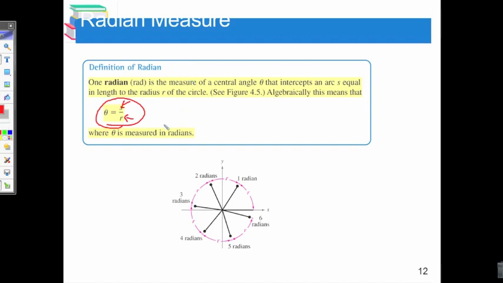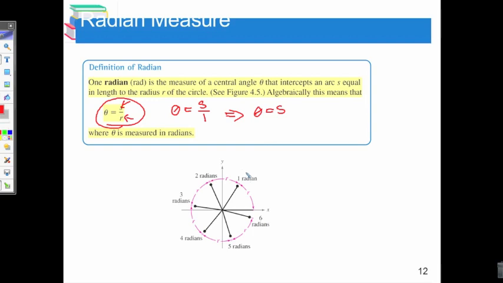So if we make things simple and say that we're in a unit circle, which means that the radius is equal to 1, my formula then becomes theta equals s over 1, and therefore theta would then equal just s. So theta is extremely related instead to arc length rather than the actual angle being measured as we tend to think of degrees.